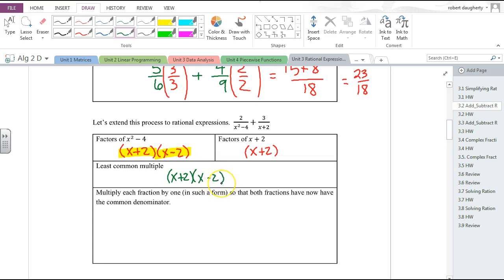Your common denominator is (x plus 2)(x minus 2), okay? So you break it down into its factors, and you have to recognize each of these factors needs to be in my denominator. If I have this as my denominator, I've got both of these factors, and I have this factor. That will cover the case of all factors being represented in the denominator. Was there a question?